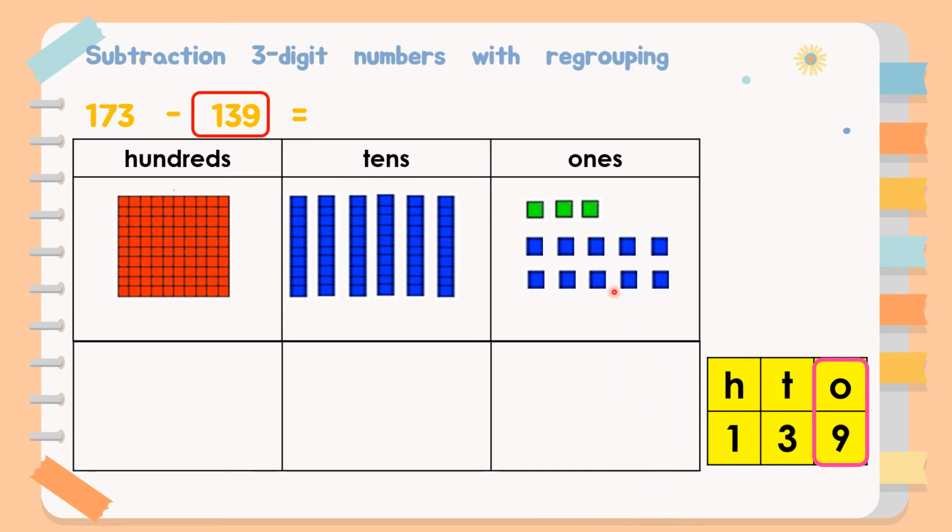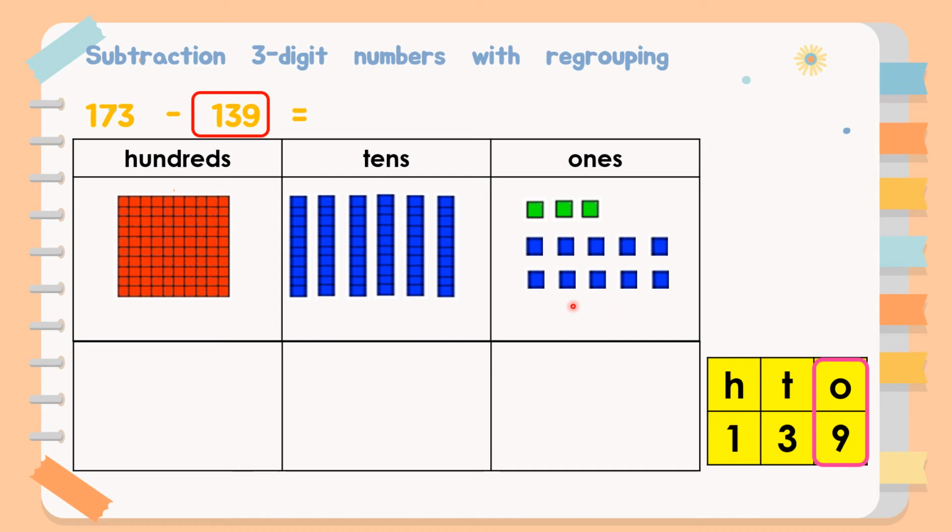How many blocks now? Let's count together. 1, 2, 3, 4, 5, 6, 7, 8, 9, 10, 11, 12, 13. Now we got 13 in ones.